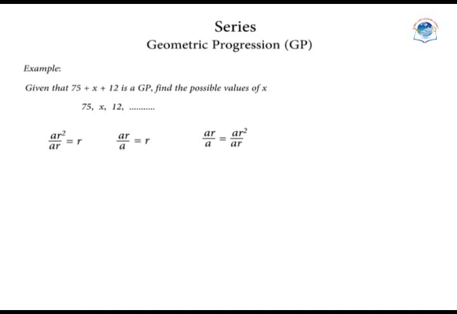In that case, we can say that x over 75 is equal to r, and also 12 over x is equal to r. That means that x over 75 should be equal to 12 over x. Cross multiplication, x squared is 900 and x is plus or minus 30.